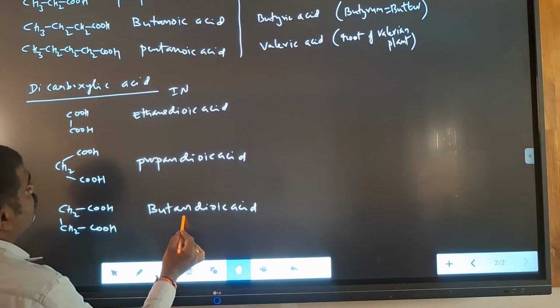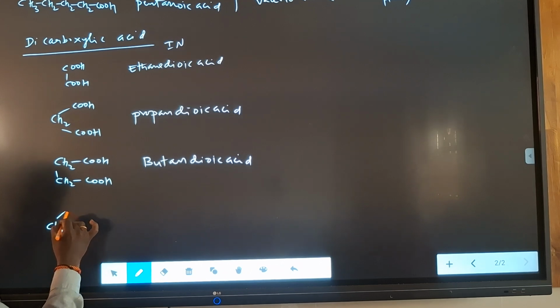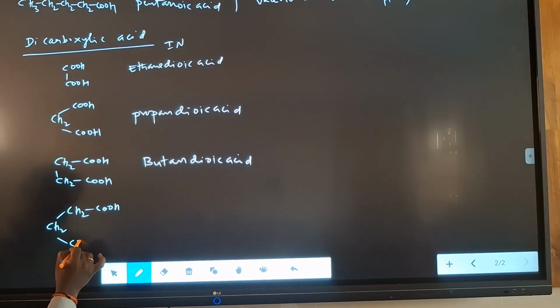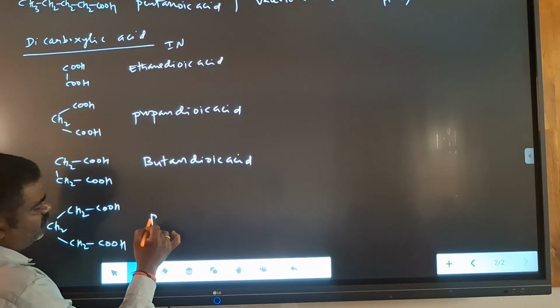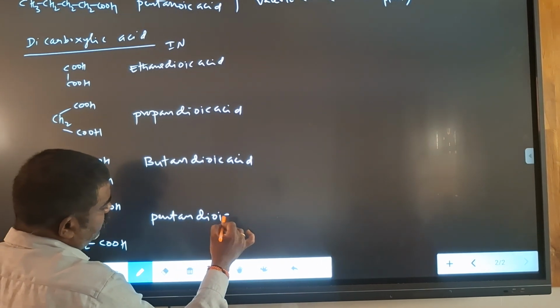And next, CH2, CH2, COOH, COOH is pentanedioic acid.